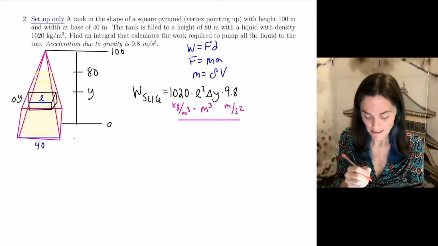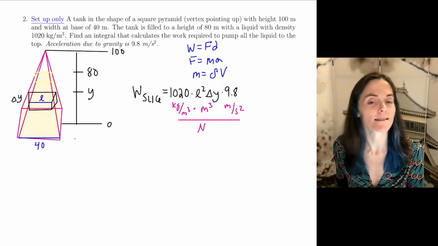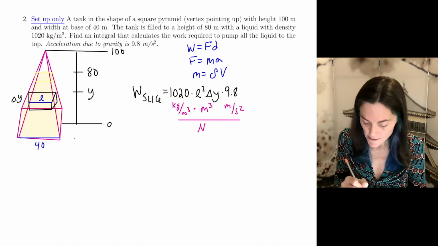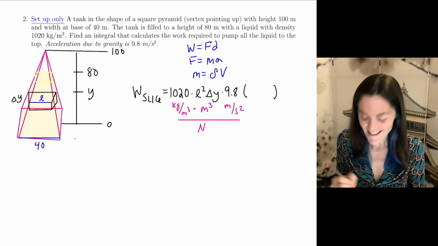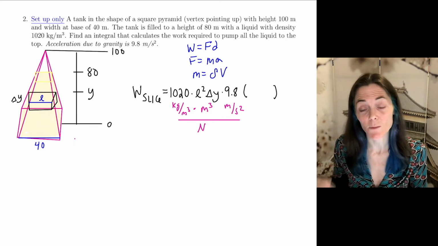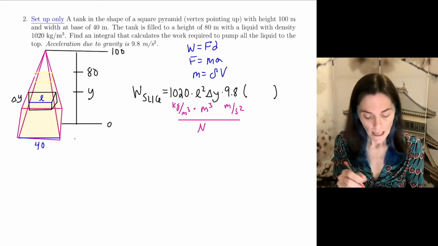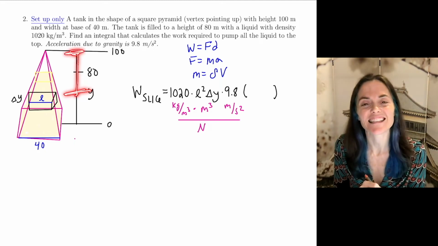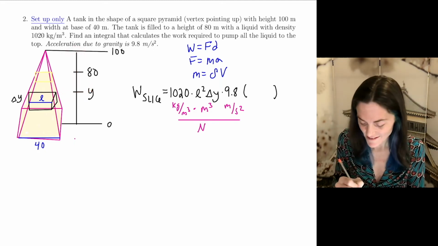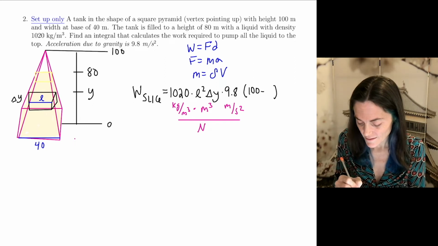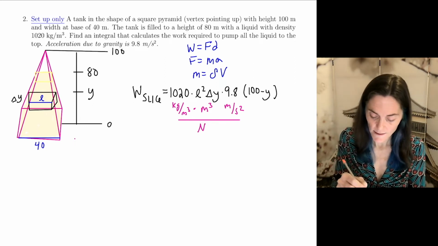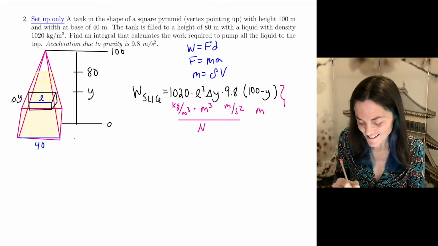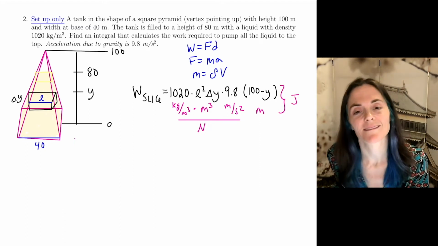This is a Newton. So we have Newton, and this is our measure of force. The last thing we multiply by is a distance. Then we will have the right units. We will have a work here. And we are sitting at height y. We want to pump to the top. The distance is 100 minus y. And this is in meters. And so you see, we have Newton meters, we have joules.